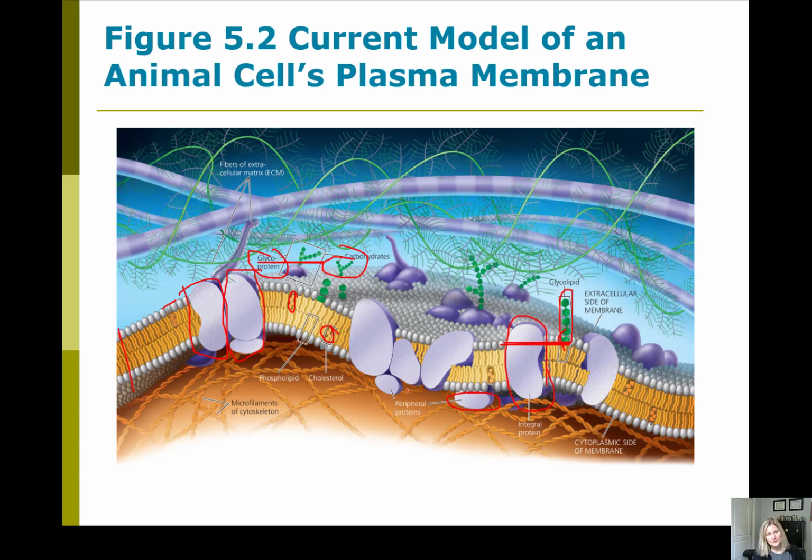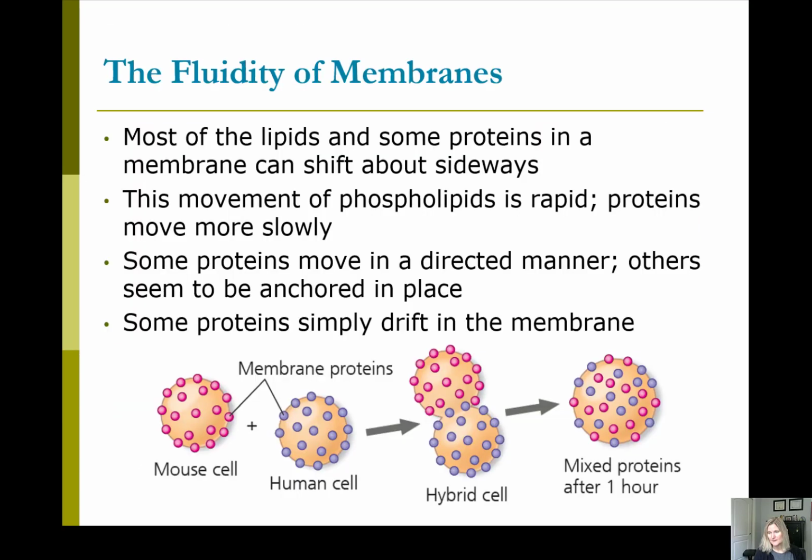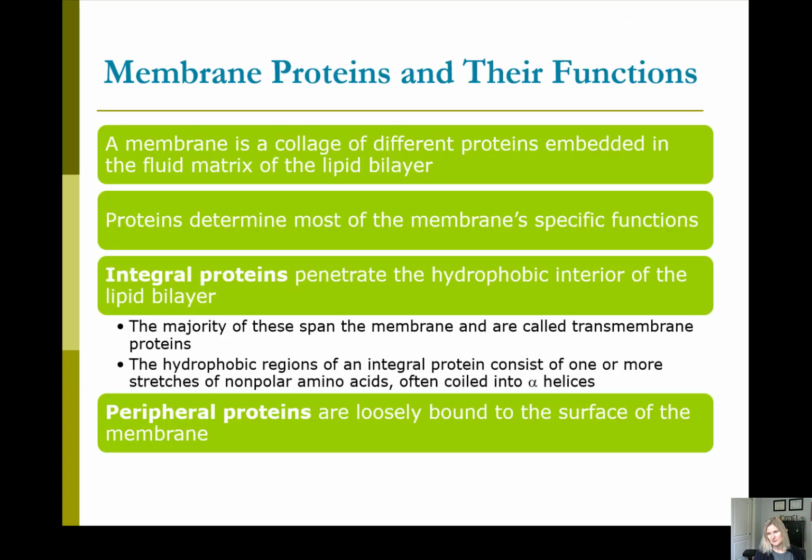And then we have the peripheral proteins that are on the end of an integral protein, but just outside the plasma membrane, on the surface. So peripheral, think surface. Integral, think in between.